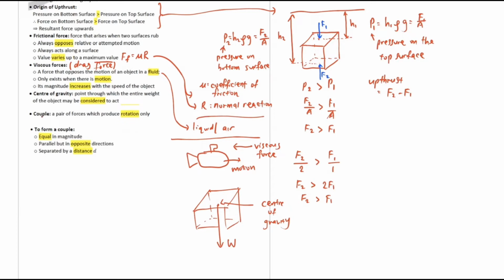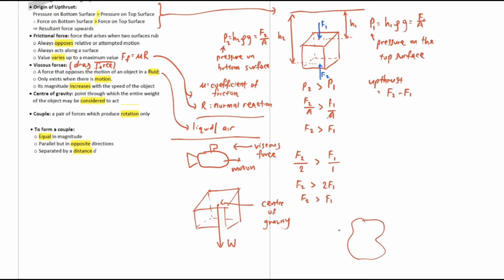And then next one. Of course, this is for regular objects. We cannot expect the center of mass is always in the middle. If it is an irregular object, we need to find out the center of gravity by using some experiment. Let's say you have a piece of irregular object and you want to find out the center of mass.